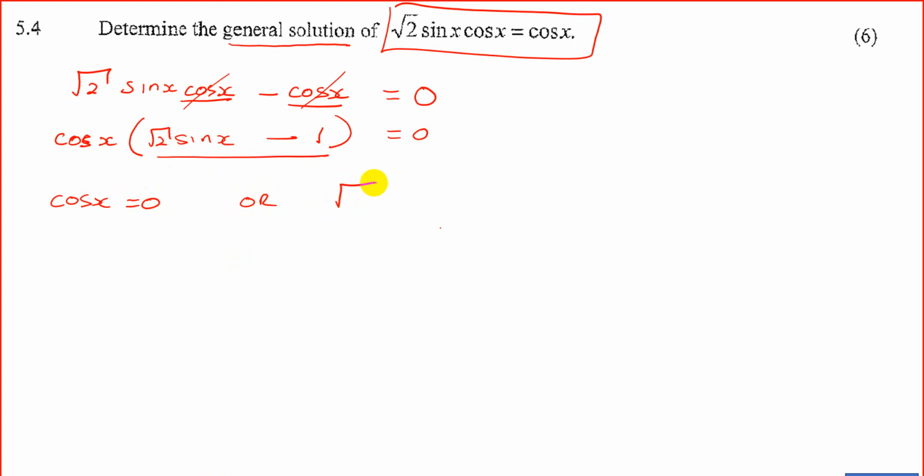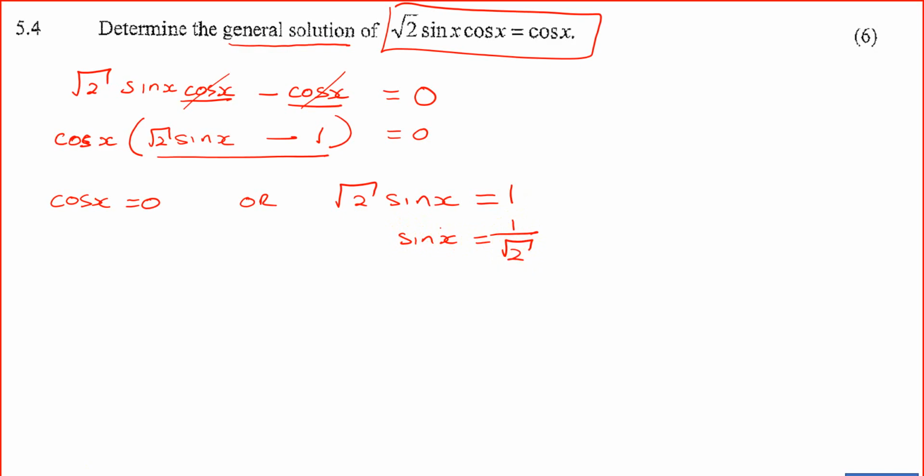So immediately I'm going to take root 2 sine x, and I'm going to move the minus 1 to the right hand side, and that becomes a plus 1. We can simplify this further by dividing both sides by root 2, and that gives me sine x is equal to 1 over root 2.